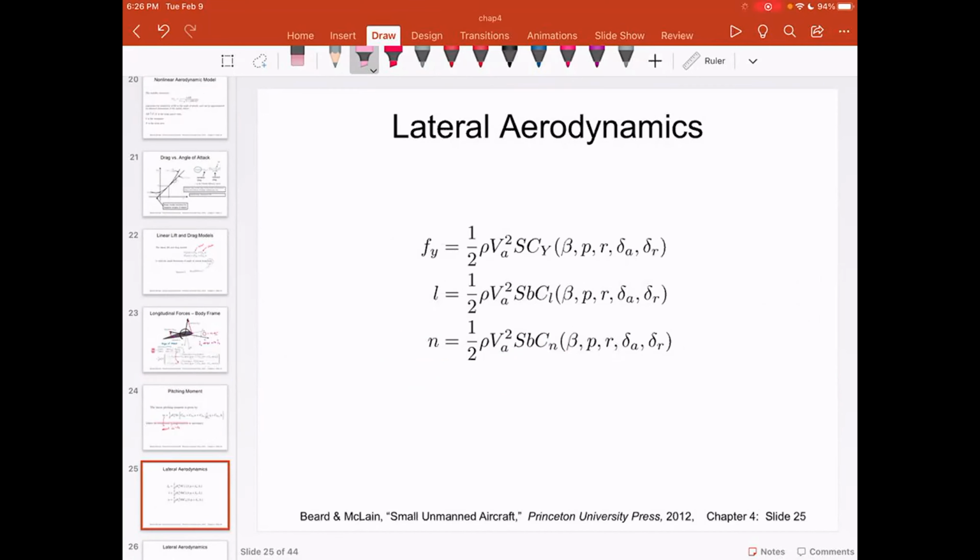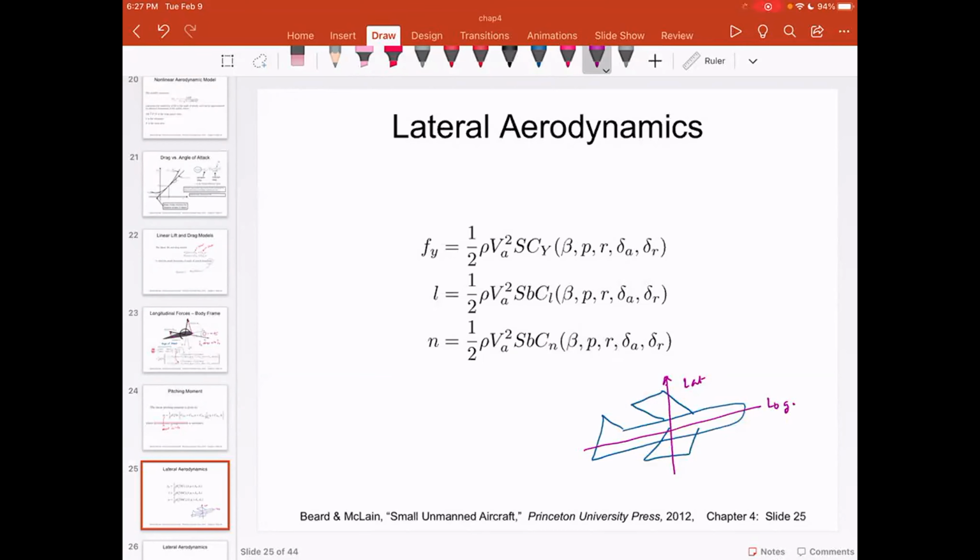Now we are going to extend the same discussion for the lateral aerodynamics. So this is the plane. We looked at the longitudinal direction, and now we are going to look at the aerodynamics in the lateral direction. So this is the lateral direction and this is the longitudinal direction. If you look at the lateral direction, you have Fy, L, which is a moment, and N, which is again a moment.